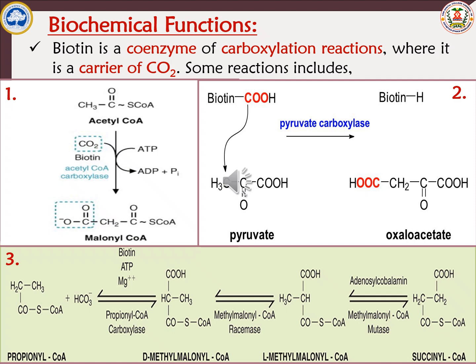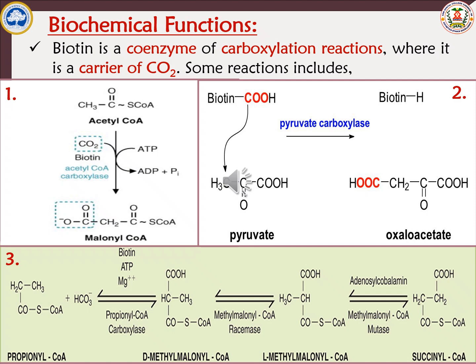And third is the conversion of propionyl CoA into succinyl CoA. So the metabolism of propionyl CoA, formed from many amino acids such as valine, isoleucine, threonine, and also derived from odd chain fatty acid oxidation.